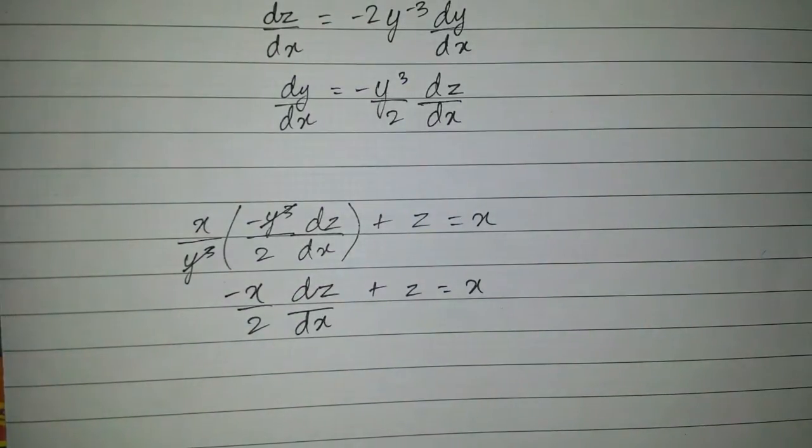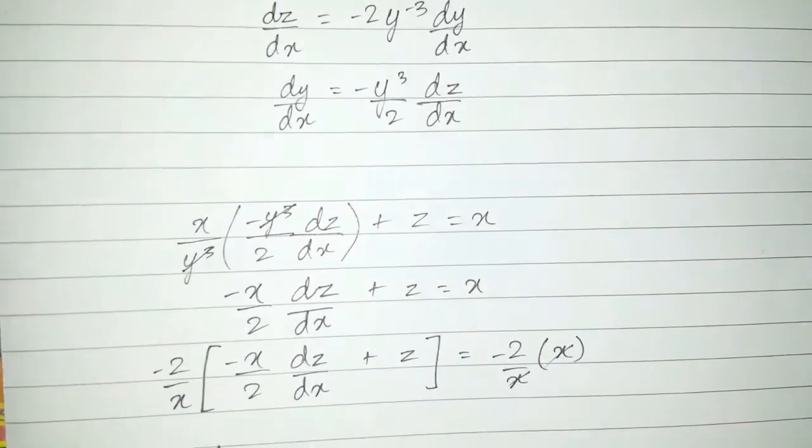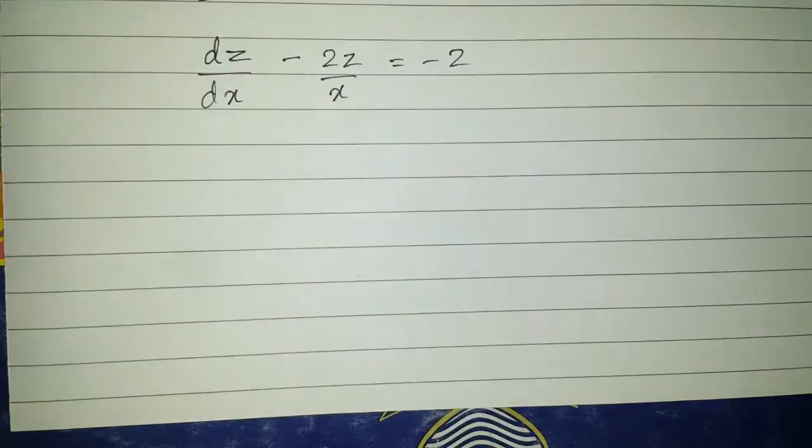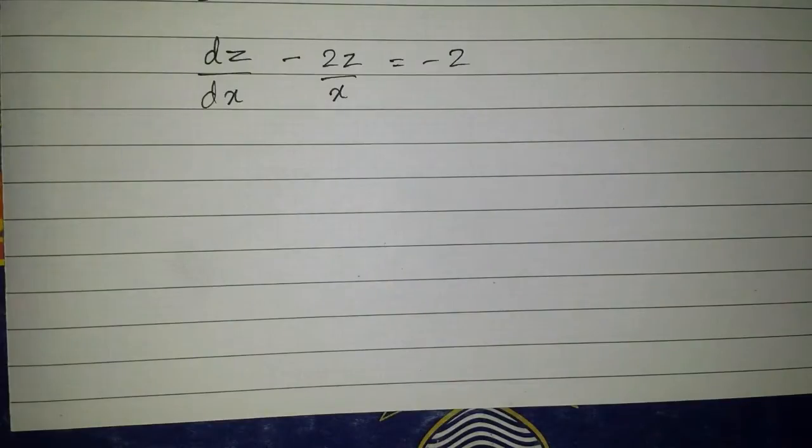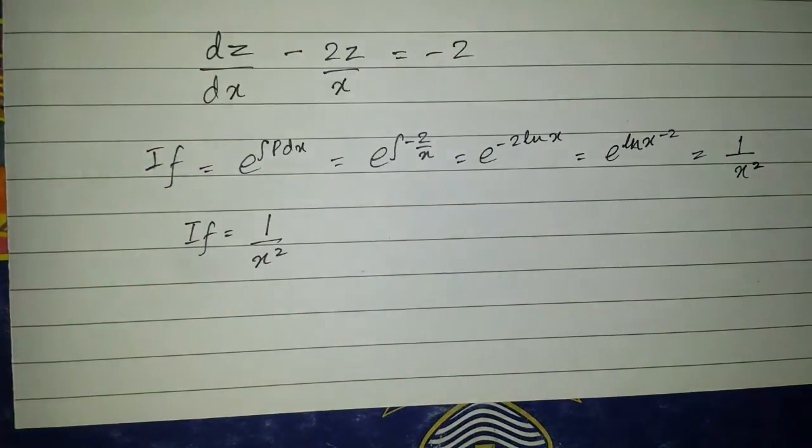now for a linear equation, the coefficient of the differential should be positive 1. So let's multiply the whole equation by -2/x. And this would be the final equation. So first let's find out the integrating factor. So the integrating factor would become 1/x^2.